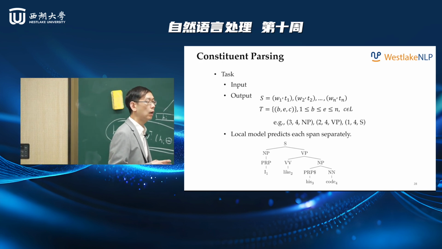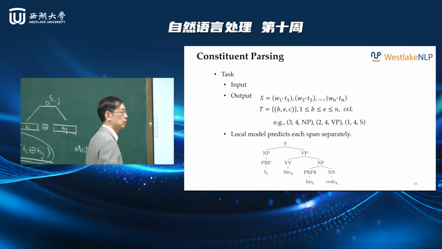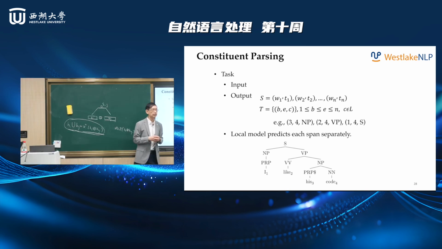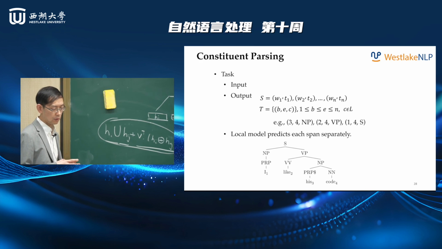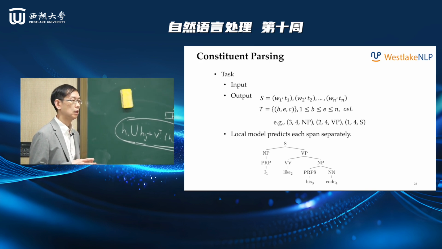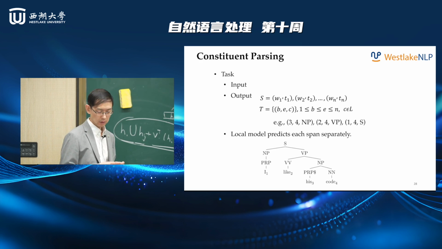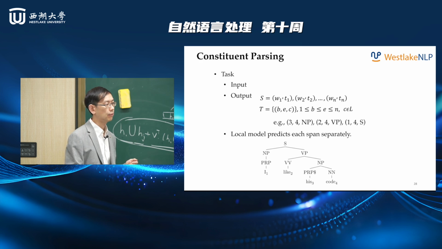One way of doing it is to split the tree into subtrees or spans. Just as I show you in this example, there's a noun phrase, his coat, right? There's a verb phrase, like his coat, that contains the noun phrase. There's a sentence, I like his coat, that contains the verb phrase. And every phrase structure can be represented as a labeled span. His coat is a span over the third to the fourth word with the constituent label noun phrase.